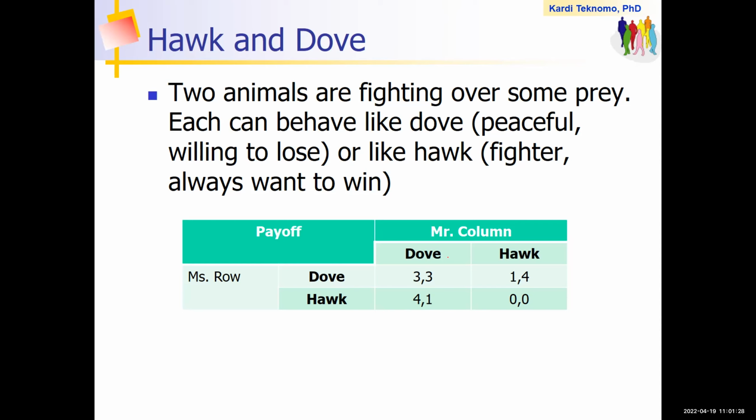You get only 1, and Mr. Column will get 4. The same thing if Miss Row plays hawk and Mr. Column plays dove. And if both play hawk, both get 0-0.